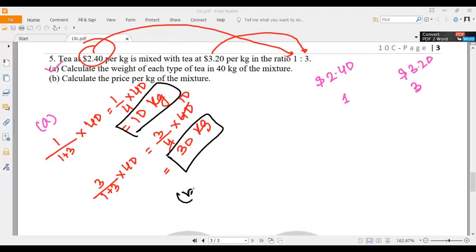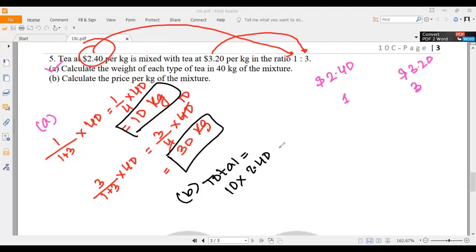Now the question number B. Question number B says calculate the price per kg of the mixture. So price per kg, how can we find out this one? Here we need to find out the total price of this tea. So total amount will be 10 kg multiplied by $2.40 because this tea has 10 kg.